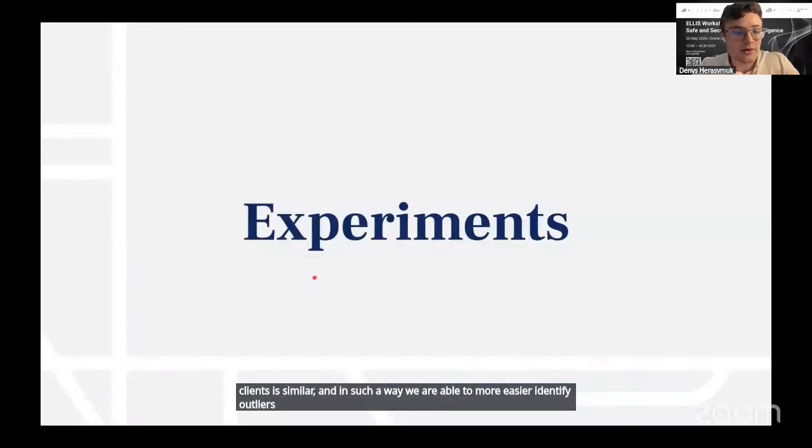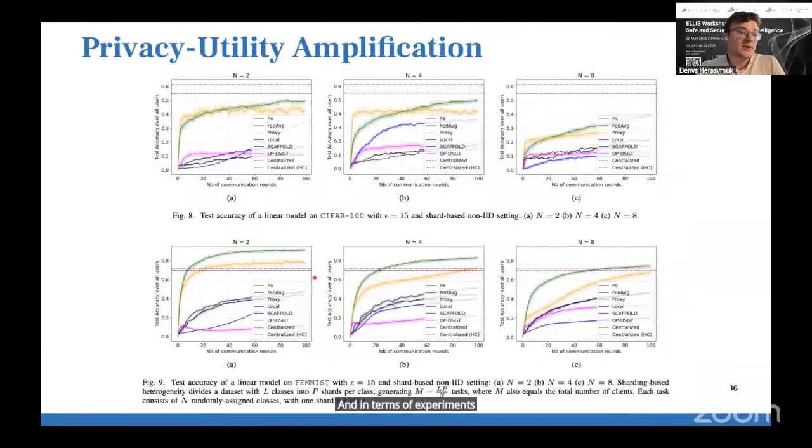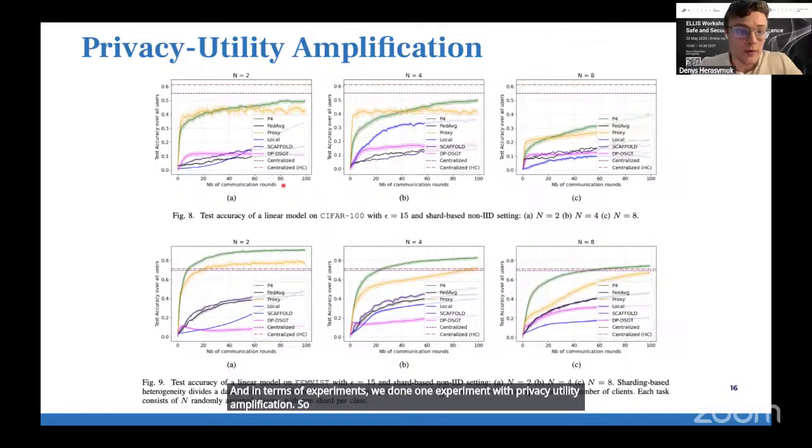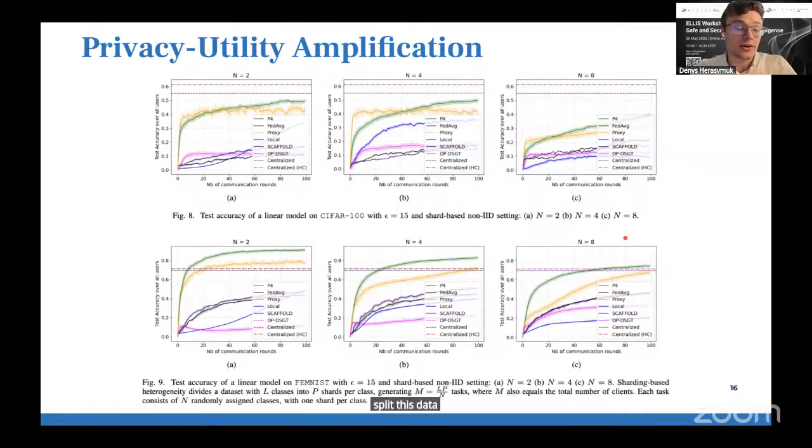And in terms of experiments, we did one experiment with privacy utility amplification. So basically here we have a set of baselines compared with our P4 algorithm. We use several datasets from image classification and different types of models and different non-IID settings, in how we split this data to be different on each client.